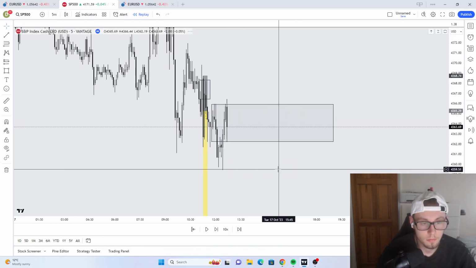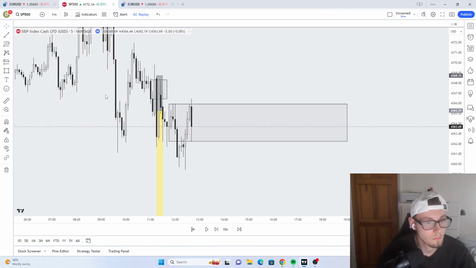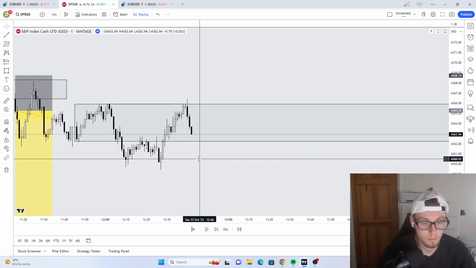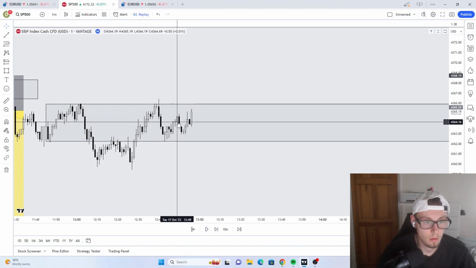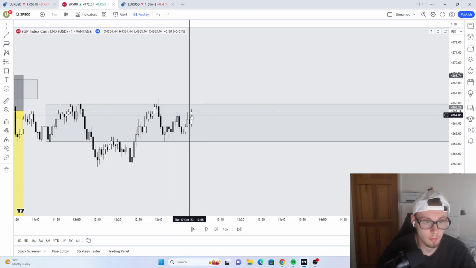Back to the 5 minute, see what we got. Valid supply to sell from somewhere. Okay, so valid, but then we got the retest and we got the breakthrough.